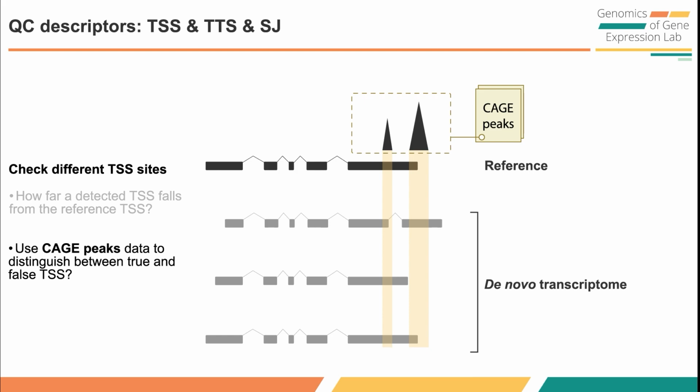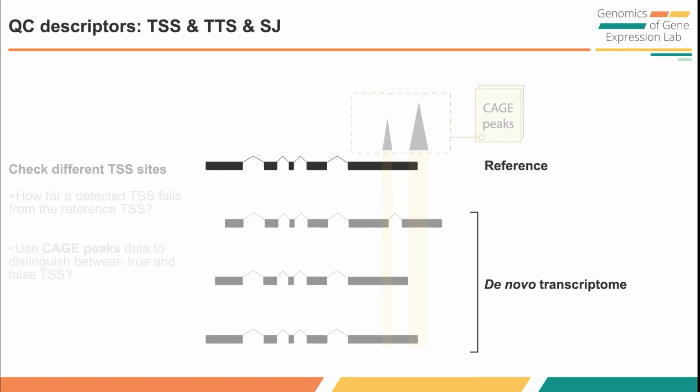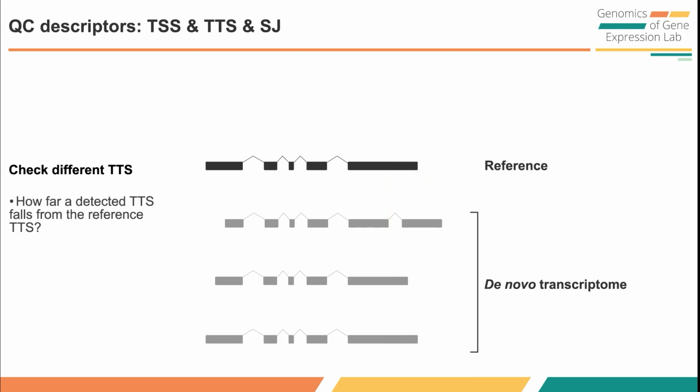Now, let's look at how SQANTI3 quality control handles transcription termination sites. SQANTI3 QC first checks how far a detected transcription termination site falls from the reference transcription termination site.